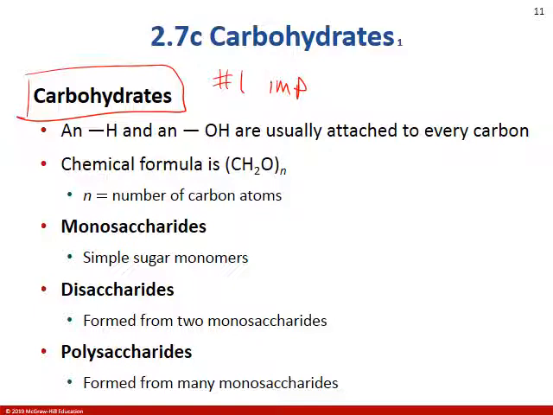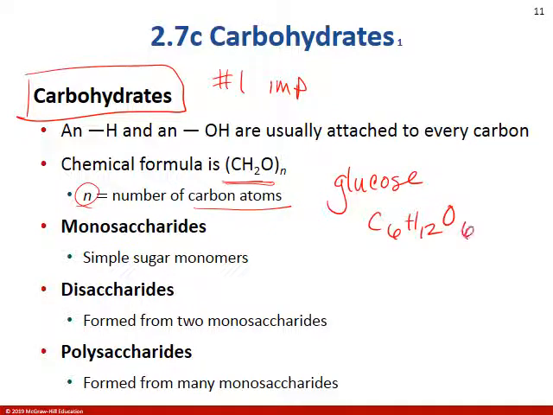So carbohydrates, this is kind of the chemical formula, where n is the number of carbon atoms. So let's say glucose, you'll see me write this. It's the same as if I put it in this form, like this. So glucose, fructose, they all have 6 carbons, 12 hydrogens, 6 oxygens.